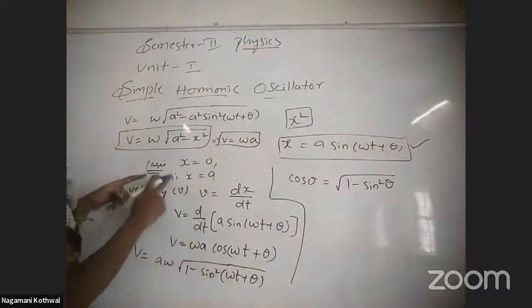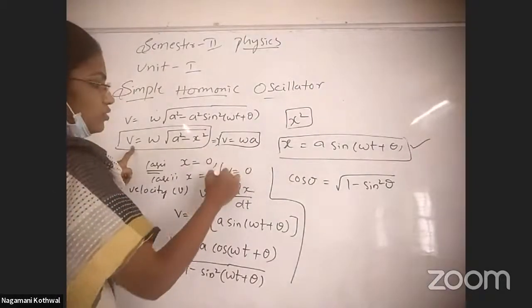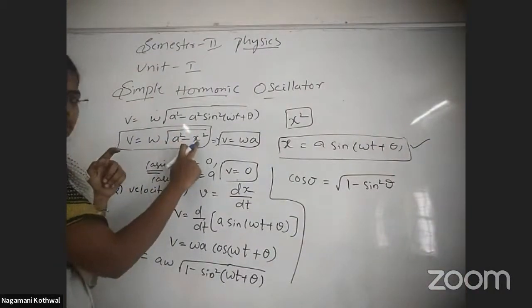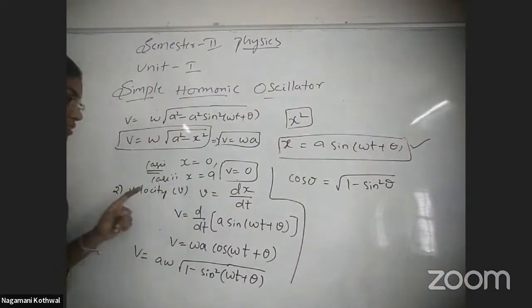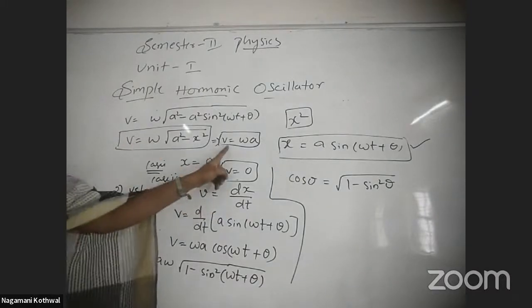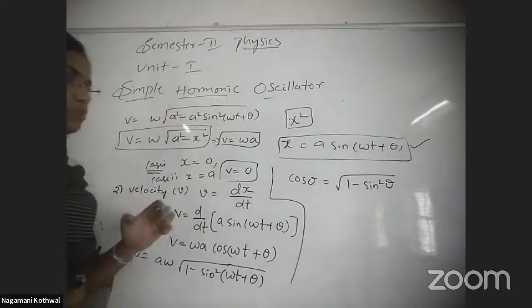And if you substitute x equals a, the velocity becomes 0. Why 0? Because a square minus a square becomes 0, and something into 0 is 0. So v equals 0 at the extreme position, and v equals omega a at the mean position.